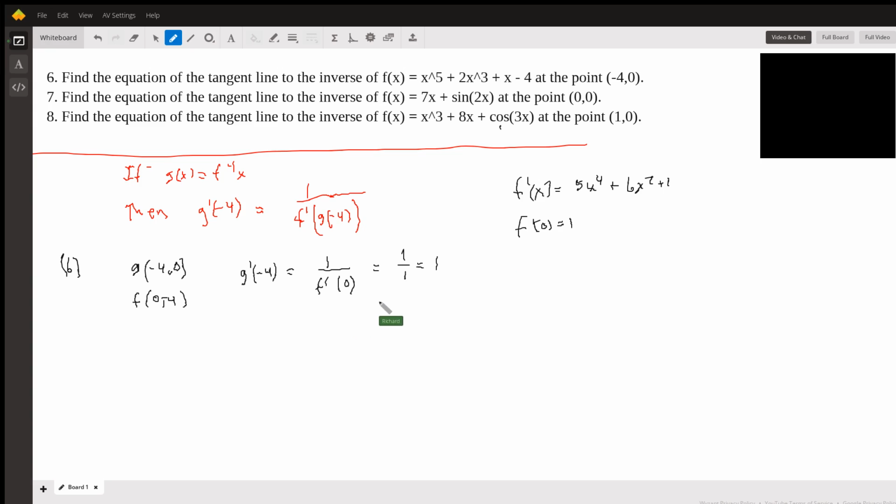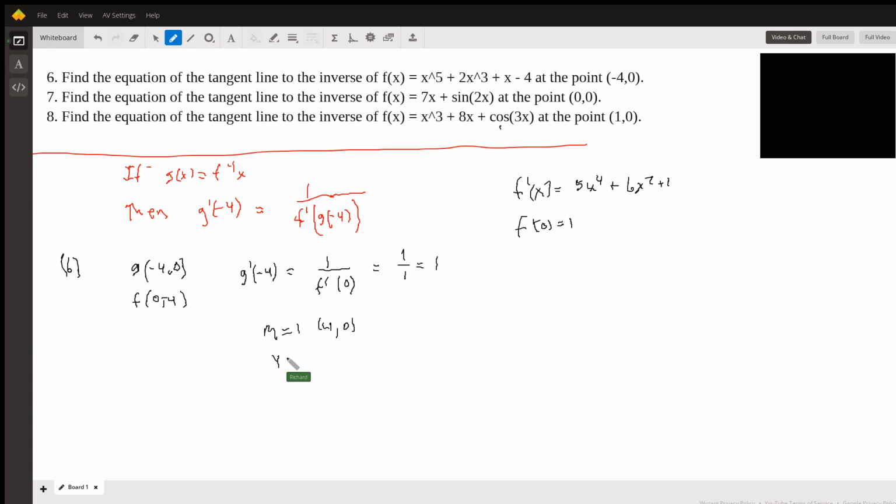So now to find the tangent line, we have a slope, because the first derivative is the slope of the tangent line to the inverse function at the point -4, 0. So we have a slope of 1, and we have a point of -4, 0. And we can just use the point slope formula here.